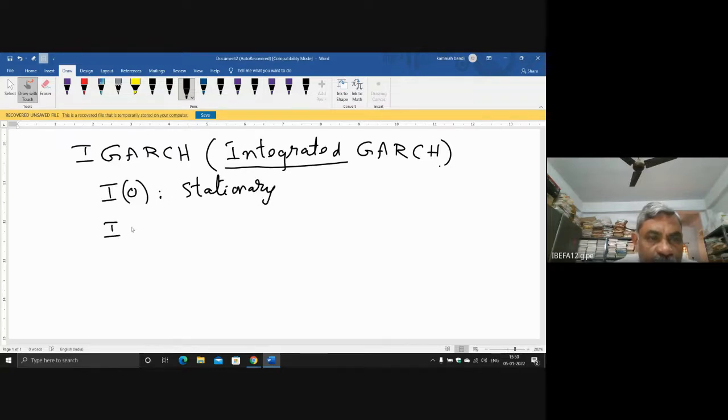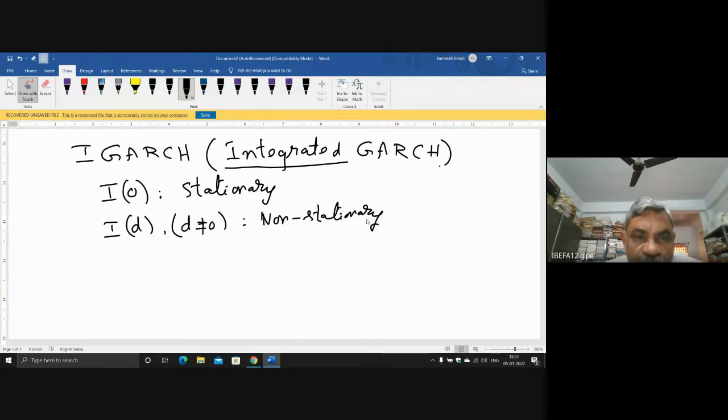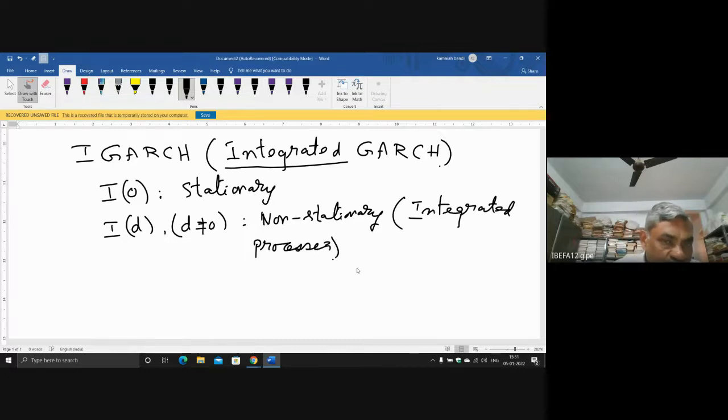If you say I(d) process, d not equal to 0, then we say it is non-stationary. So these non-stationary processes are also referred to as integrated processes. Similarly, in the case of a GARCH process, it is possible that it could be an integrated process.